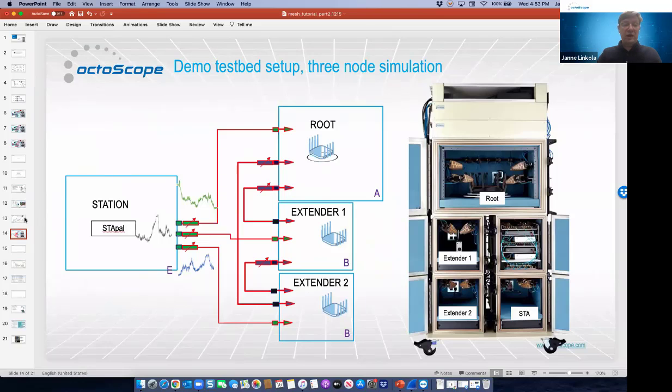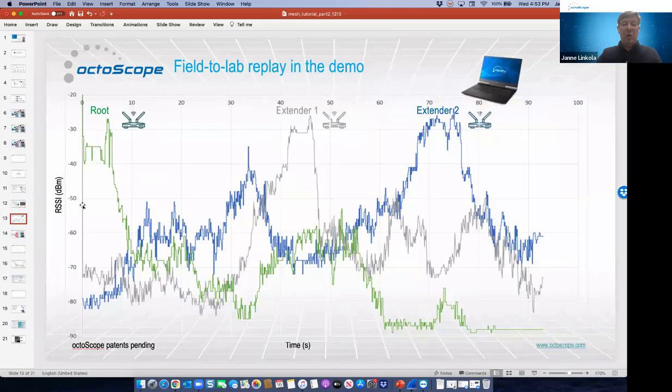And of course, we're looking at how well the mesh network steers us, because we've configured the stay PAL to be a fairly passive entity in this test. It doesn't really like to roam much here. Any roaming event that we'll see is basically caused by the mesh network itself.